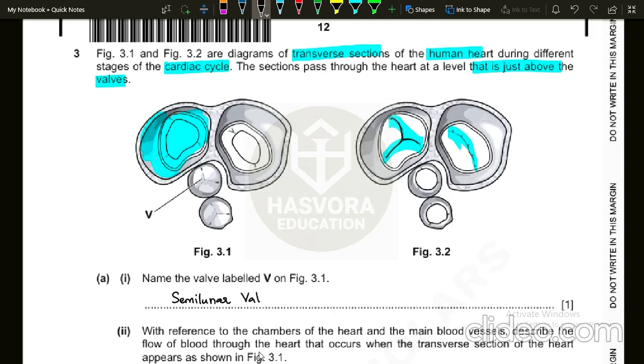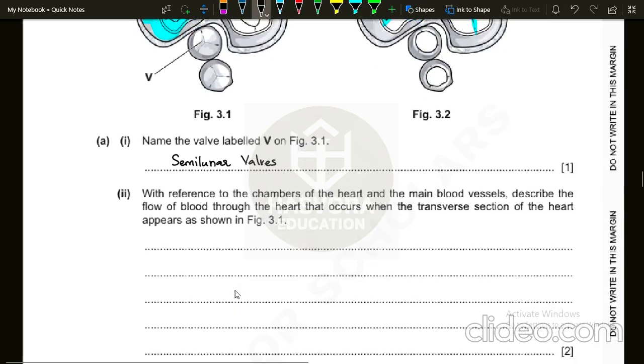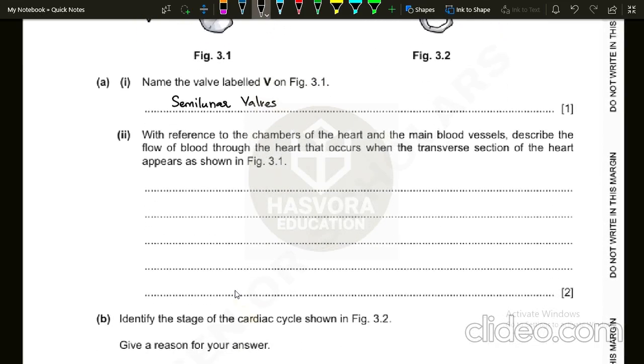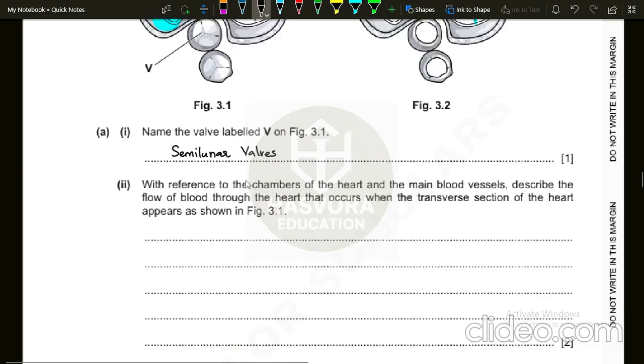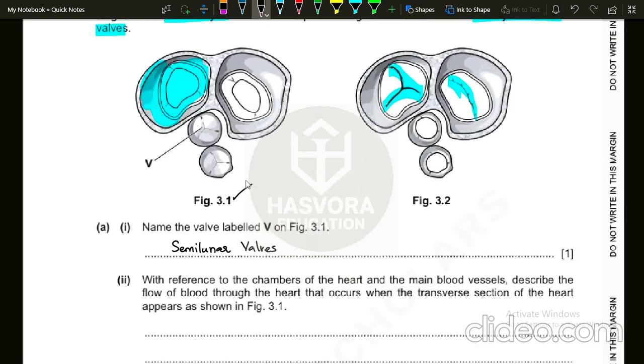Semilunar valves. Okay, the second part says, with reference to the chambers of the heart and the main blood vessels, describe the flow of blood through the heart that occurs when the transverse section appears as shown in 3.1. In 3.1 you can see that the atrioventricular valves, the tricuspid and the bicuspid, are open and the semilunar are closed.